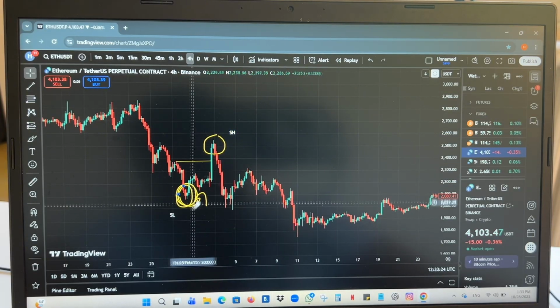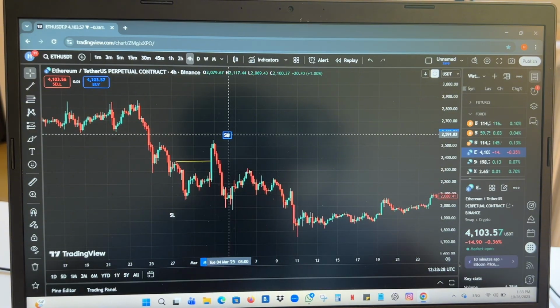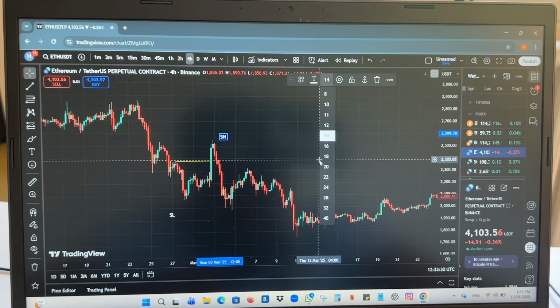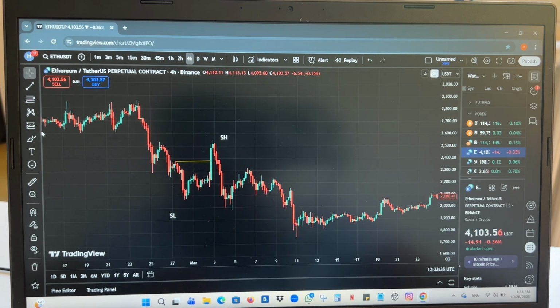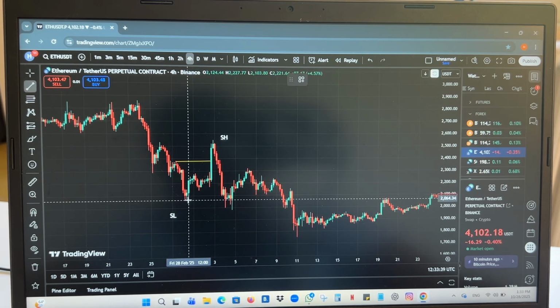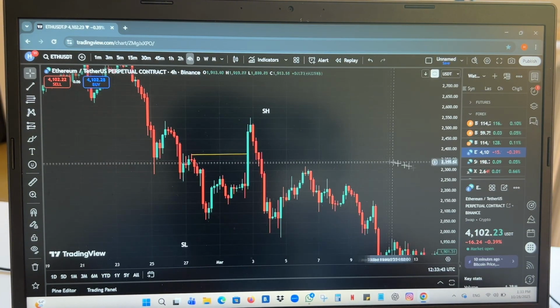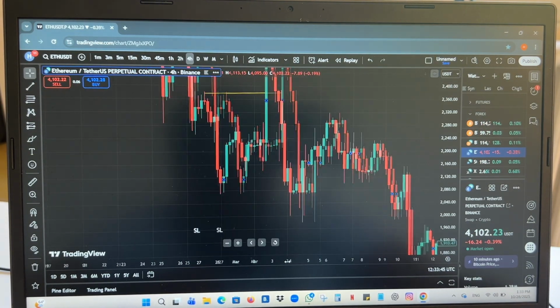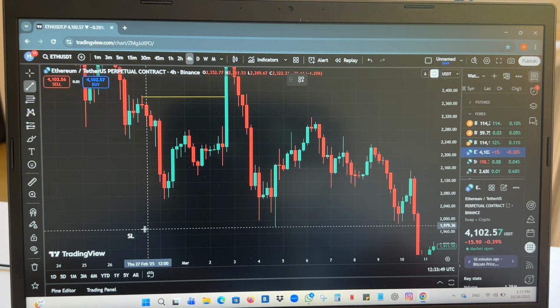So we'll get rid of this, and there you go. We'll increase the size of it. Okay, and then once the swing high is also confirmed, we zoom it out, and then we get to the swing low.